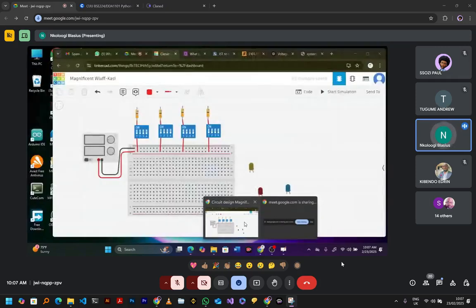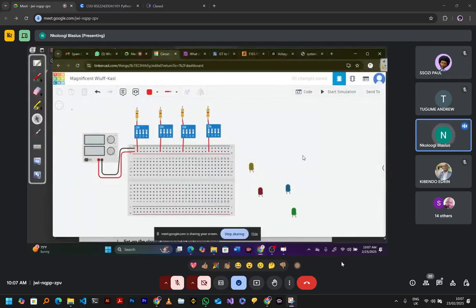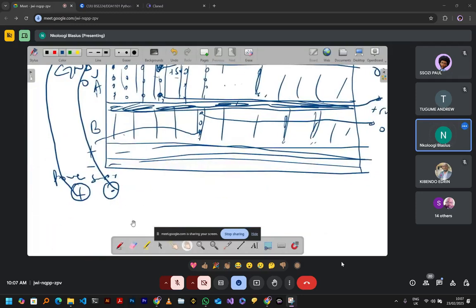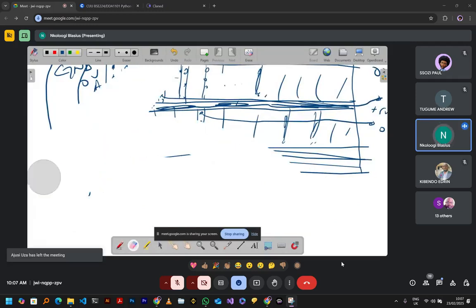When you look at the LEDs, the leg which is not straight is always the positive terminal. It is always the anode. In the physical representation in the box, you'll always see a representation like this.